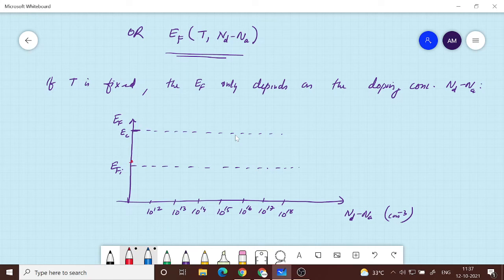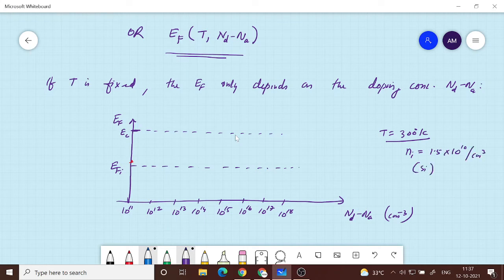Say at 10 raised to 11, at room temperature, T equal to 300 Kelvin, Ni is 1.5 times 10 raised to 10 per centimeter cube for silicon.